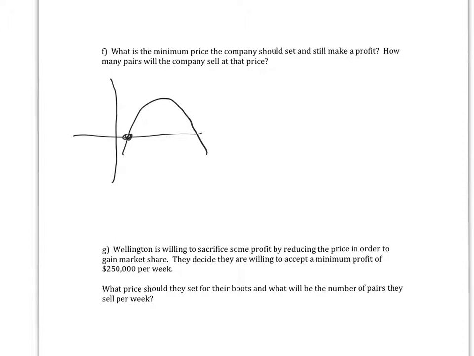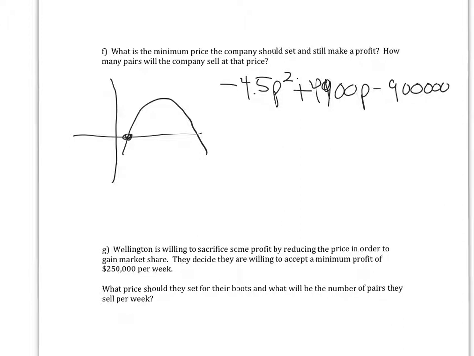So now what we need to do is figure out where in fact this thing crosses the x-axis. So again, we go back to our original equation for profit, which we said was negative 4.5p squared plus 4,900p minus 900,000.